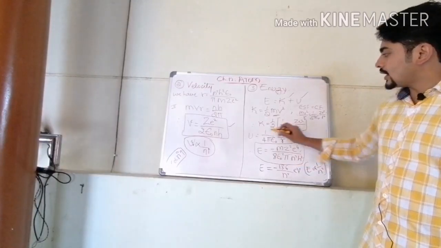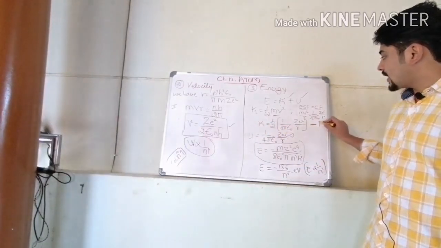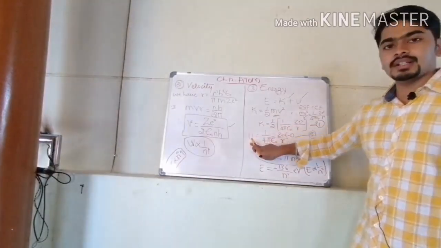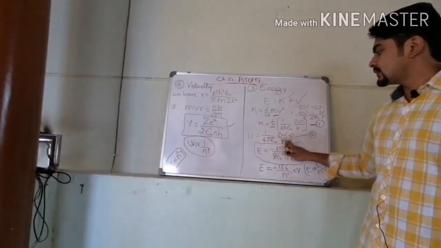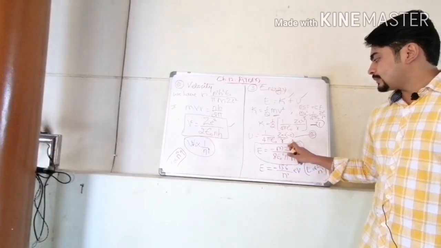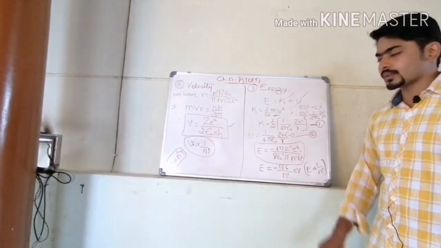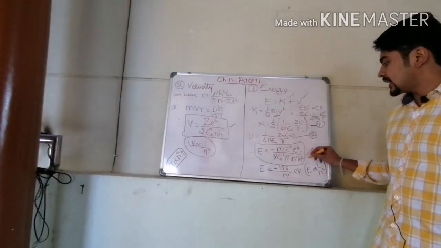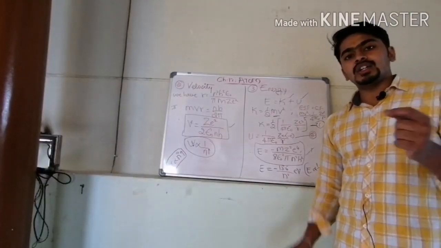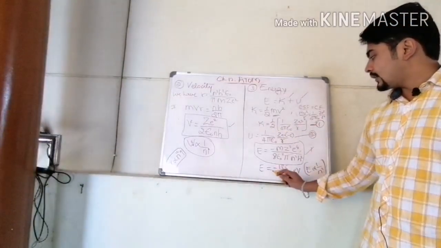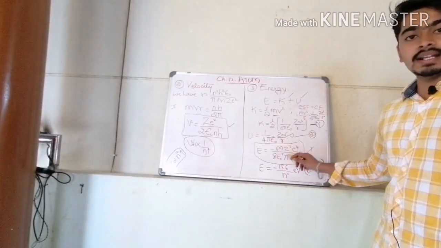On adding these two equations, kinetic energy and potential energy, we will get the total energy of the system, that is minus m z square e power 4 by 8 epsilon naught square n square h square. This equation gives the energy of an electron in specific orbits. Now I am comparing with respect to the energy level.